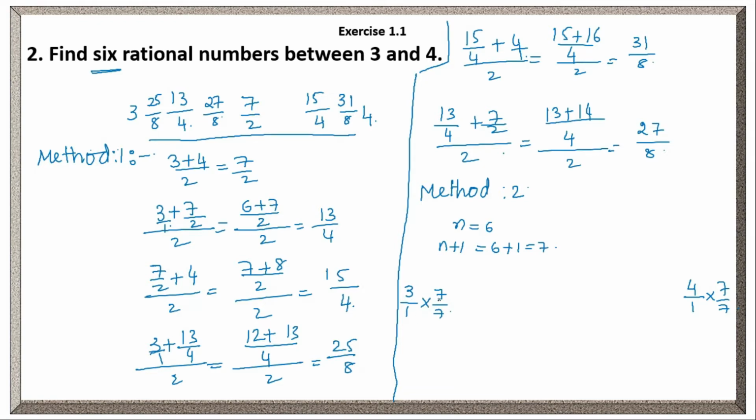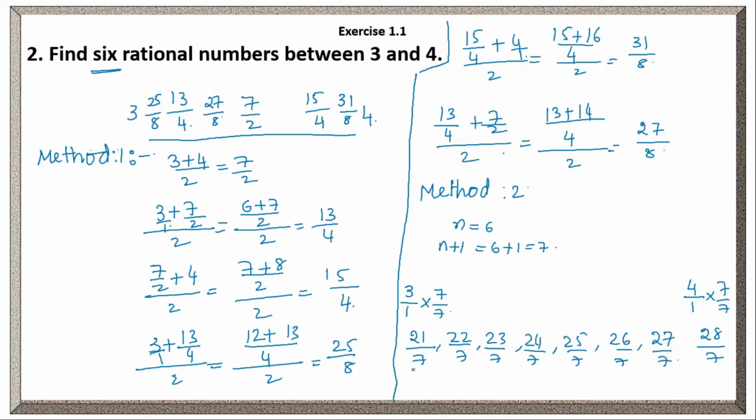Now what it will become? 3 into 7, 21 by 1 into 7, 7. Here 4 into 7, 28 by 1 into 7, 7. So here 6 rational numbers we can write, right? 22 by 7, 23 by 7, 24 by 7, 25 by 7, 26 by 7 and 27 by 7.